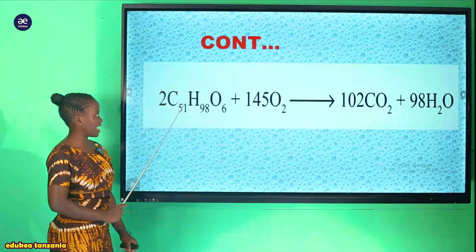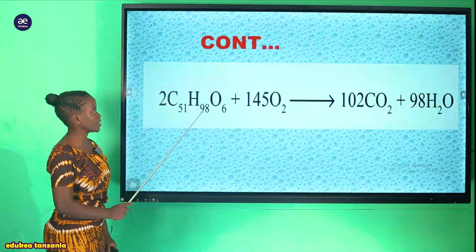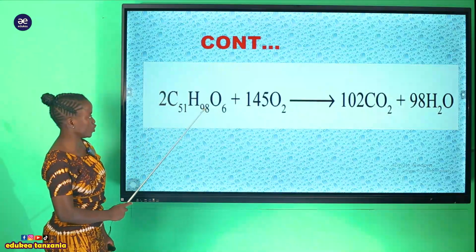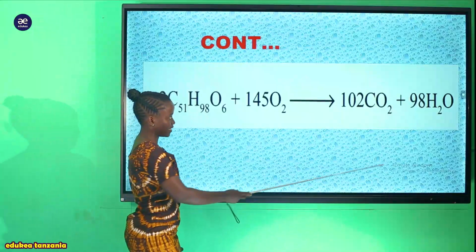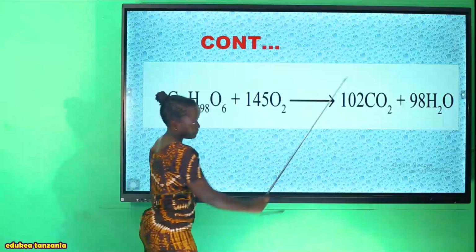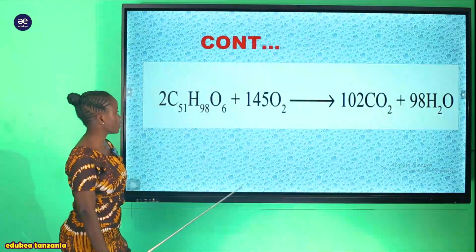So this one is our equation. Lakini pia ukija kuangalia numbers of hydrogen which are present here, it is 98. So you'll times with 2, you'll get its total. And ukiangalia kwenye hii reactant kwenye products pia the same, zinapatikana hivyo hivyo.